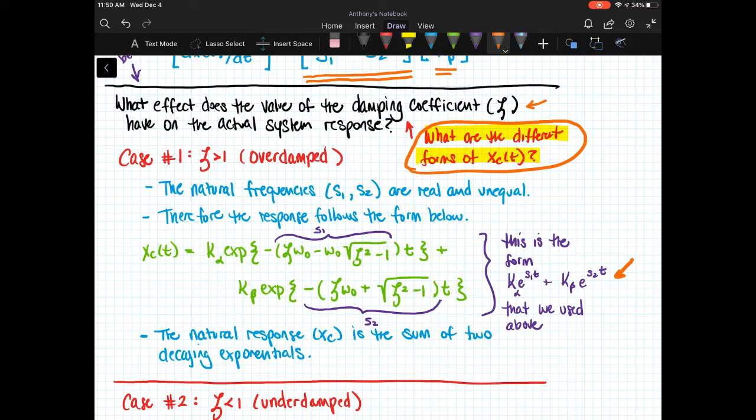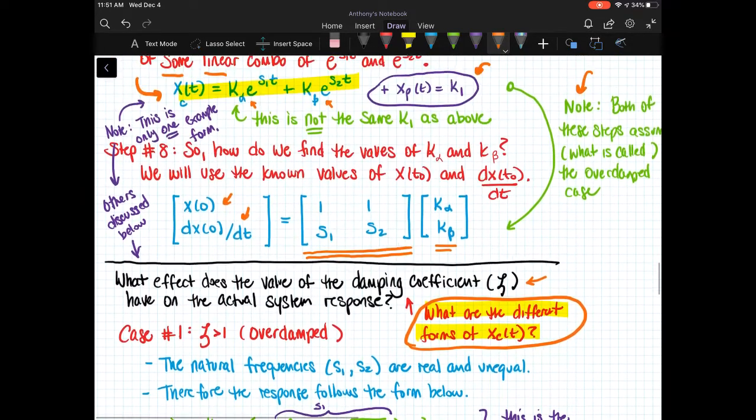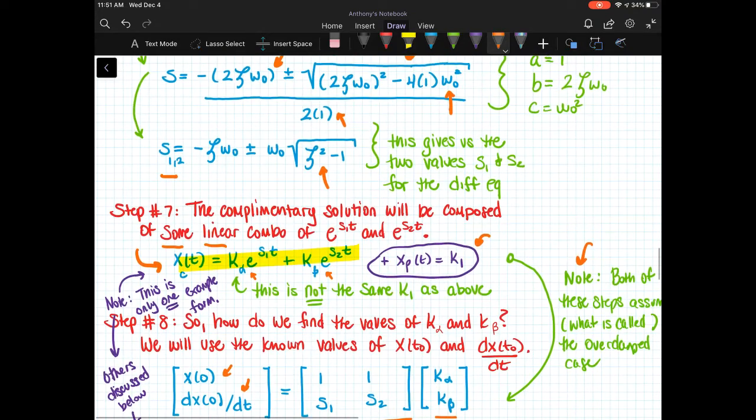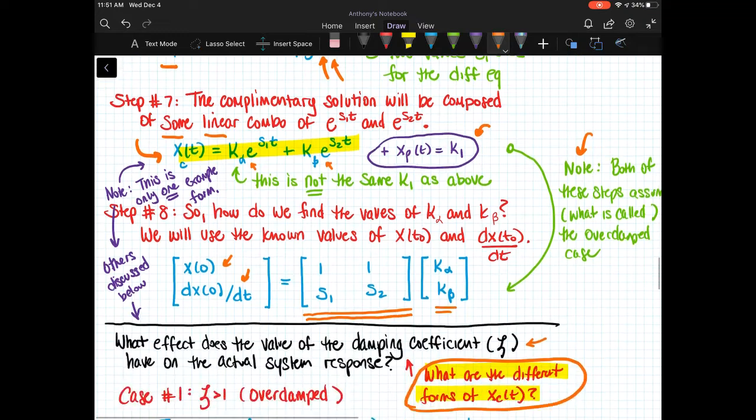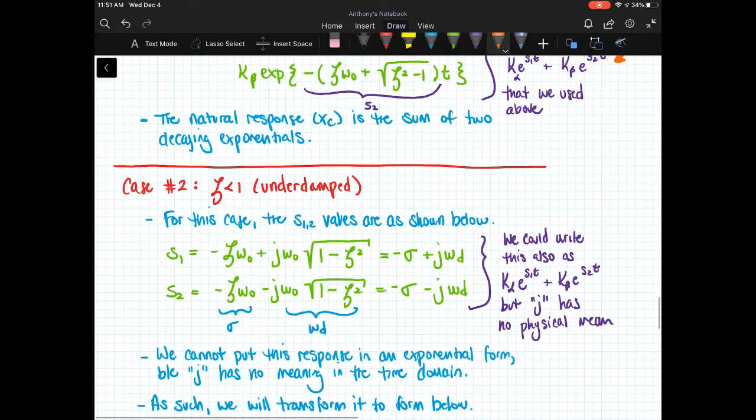The natural response, therefore, is the sum of 2 decaying exponents. So the overdamped case exists when zeta is greater than 1. And again, if zeta is greater than 1, then what we have underneath this square root will be greater than 0.